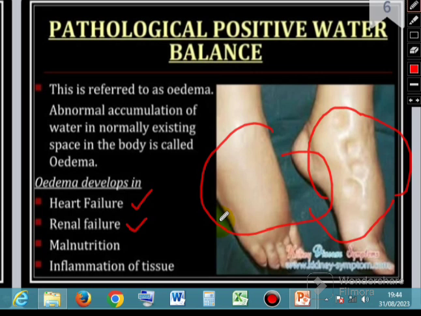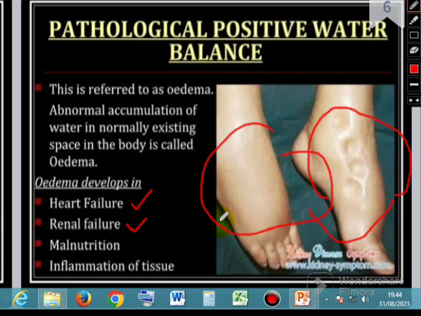So you see, when you hear of things like this, they may sound so simple. When you see them, they look so simple. It's just swelling of the leg.